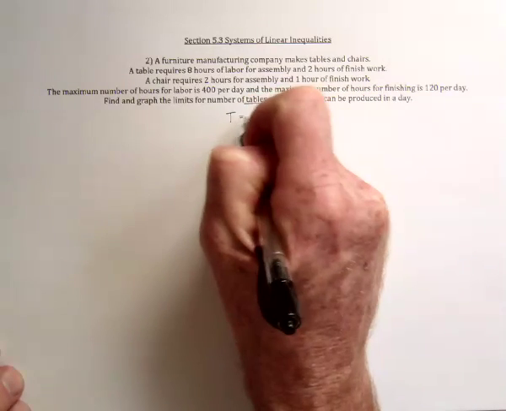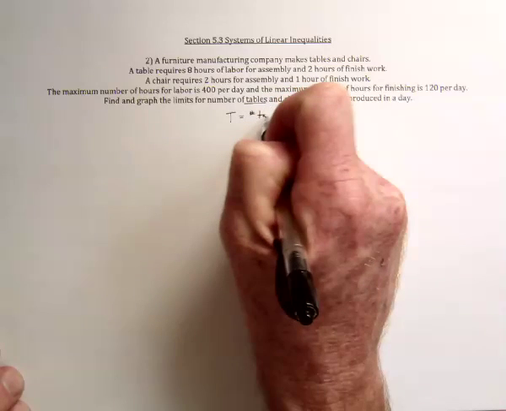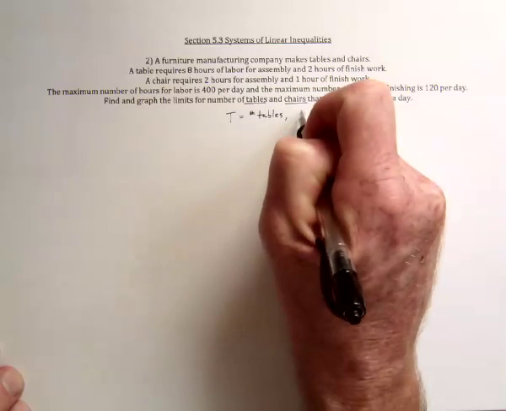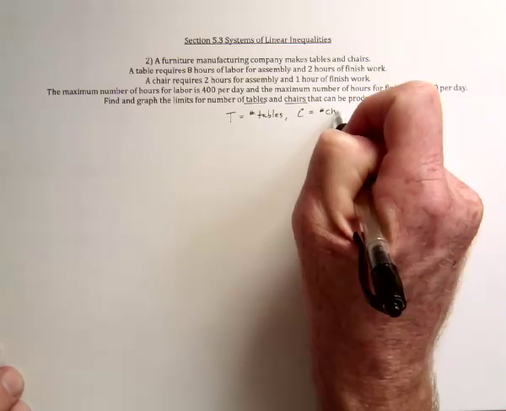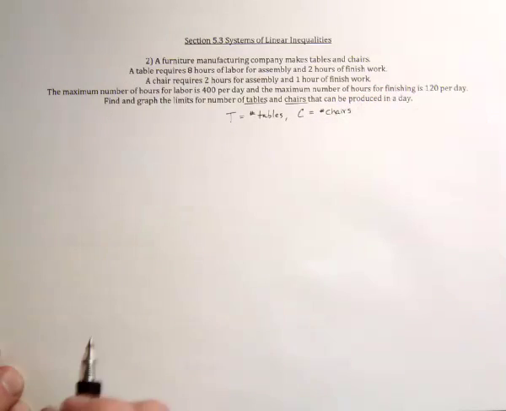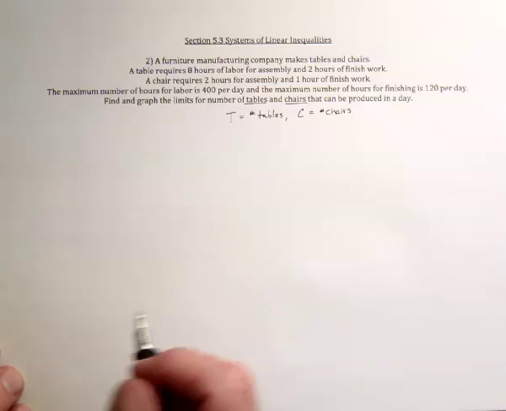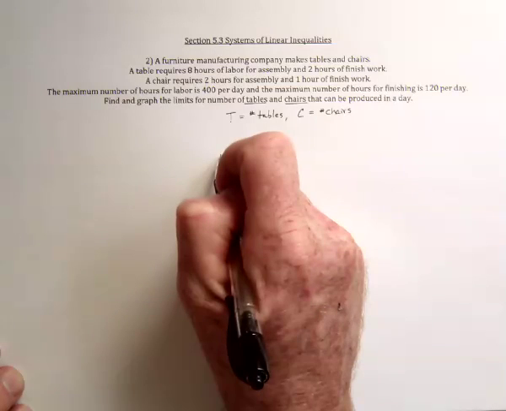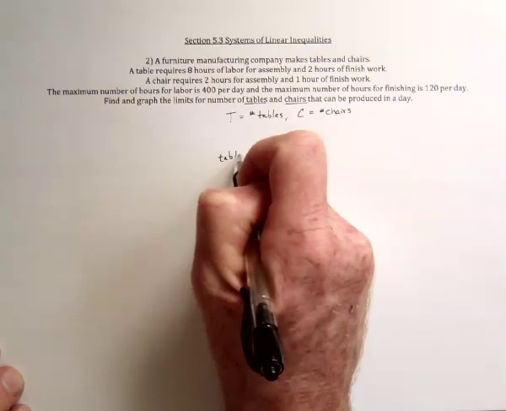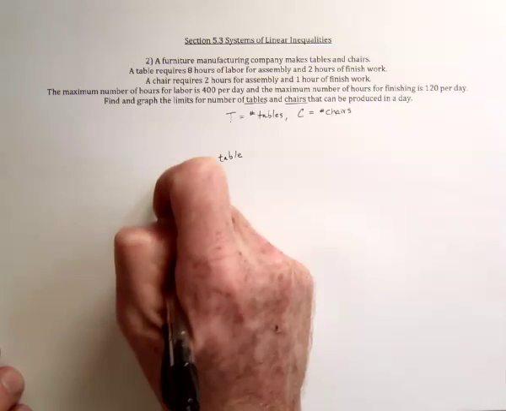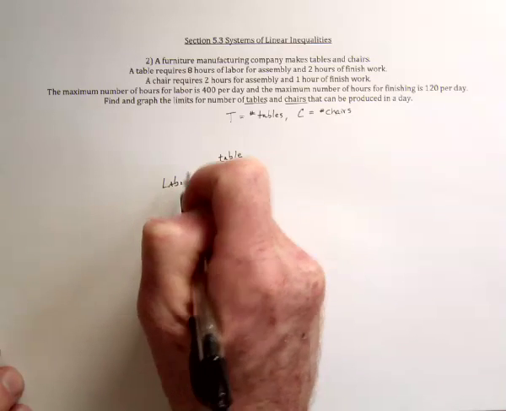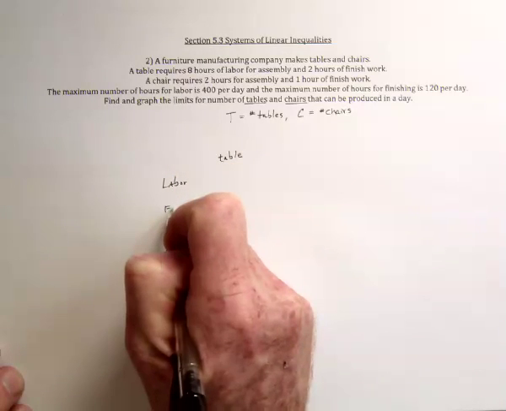So I'm going to have T be the number of tables, and C will be the number of chairs that they can produce. Now, for each table, we're going to have to keep track of the labor and the finish work.